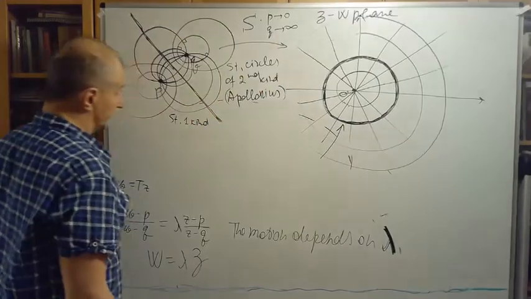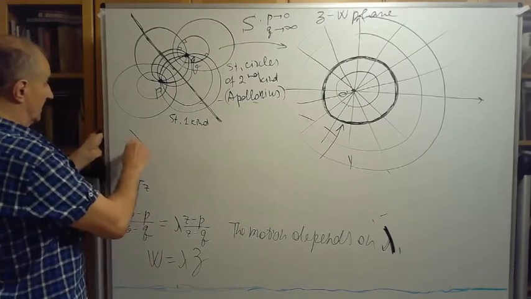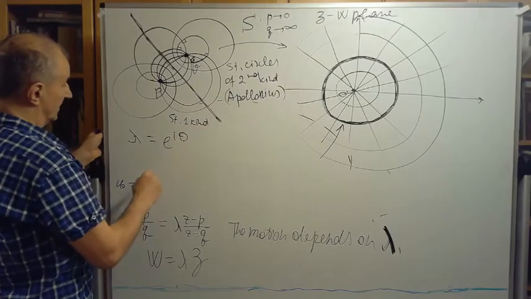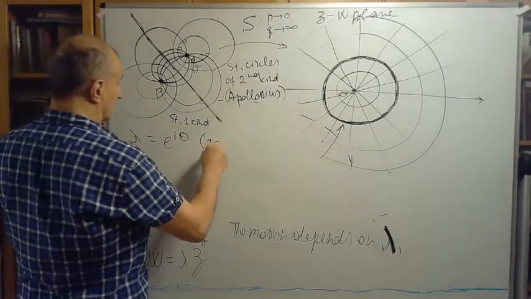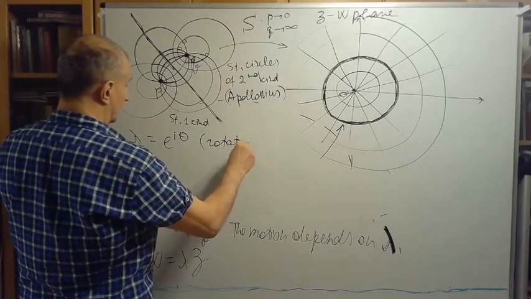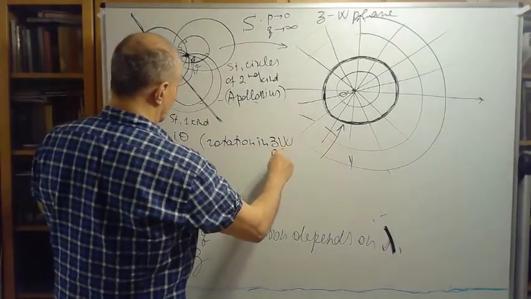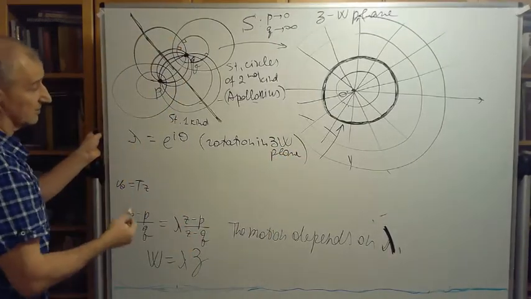There are three cases. Lambda may be e to the power i theta, then it is a rotation in the ZW plane, right? Because this transformation is a rotation.